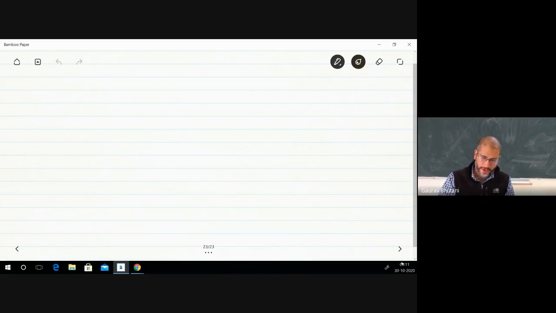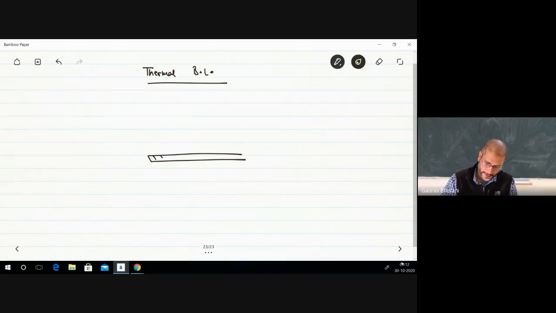So then let's talk about the thermal boundary layer. Very similar to the velocity boundary layer. Let's assume that you have the same plate, and then you have a fluid again flowing across this, and this fluid is at a temperature of T infinity.